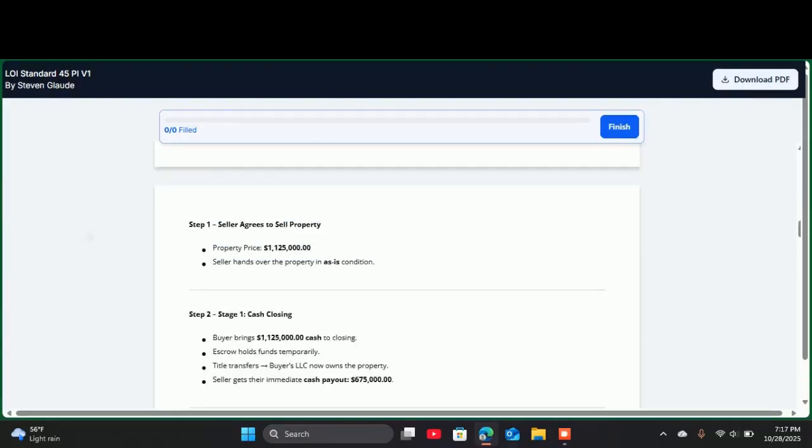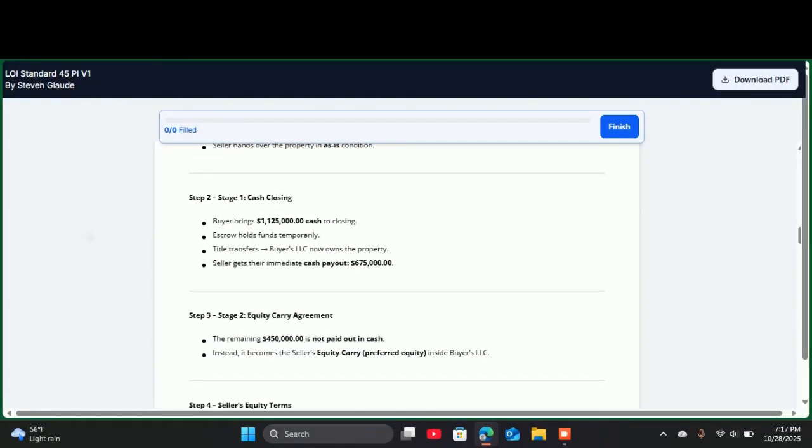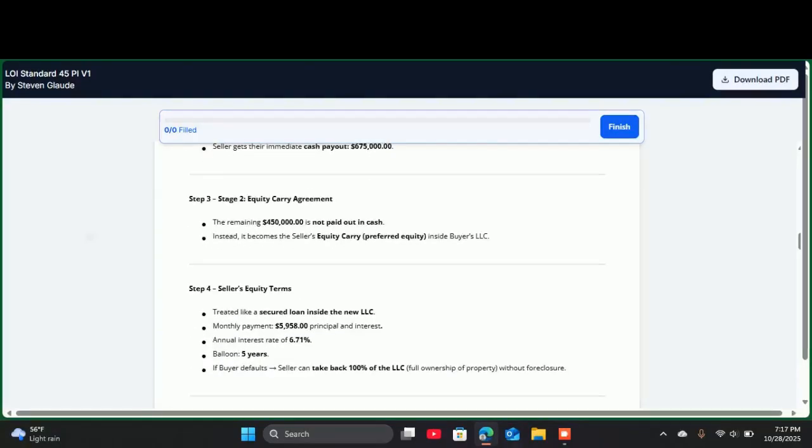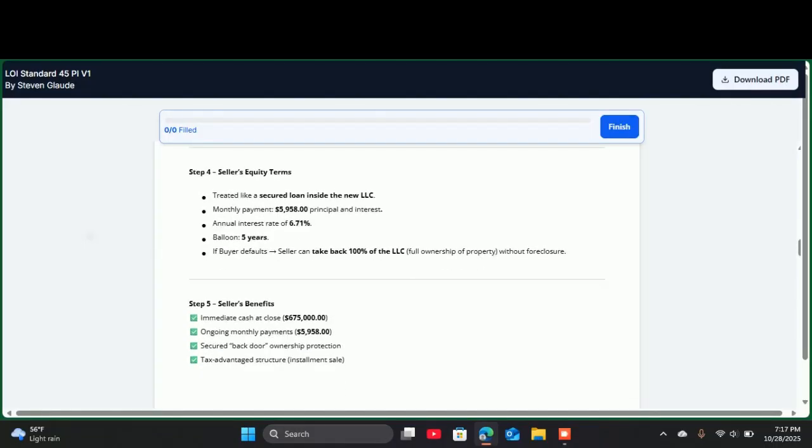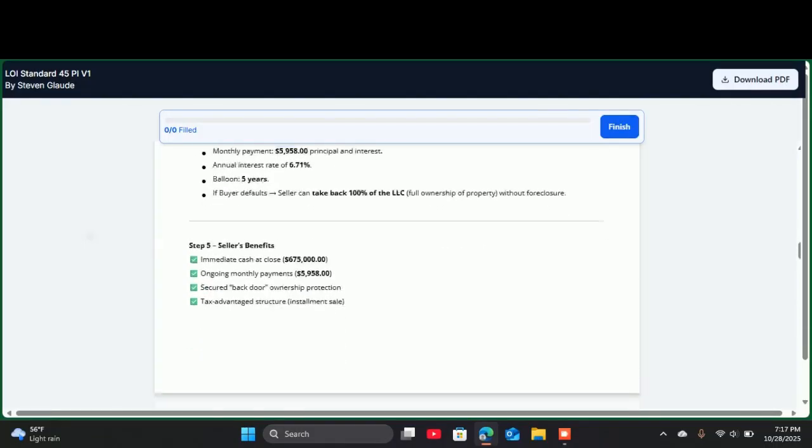So this would be the situation. Again, we're looking at 120K. This is how much the seller would get. This would be the remaining amount. And then here are the terms, the balloon payment.